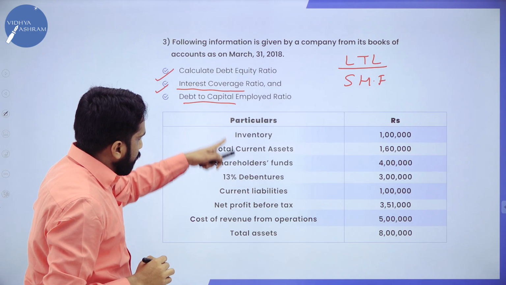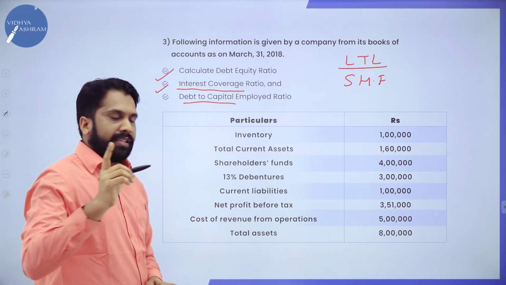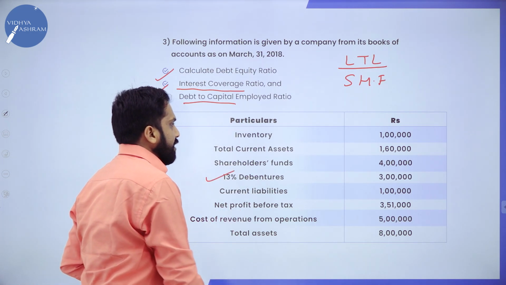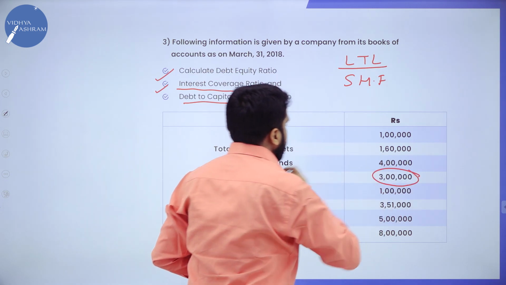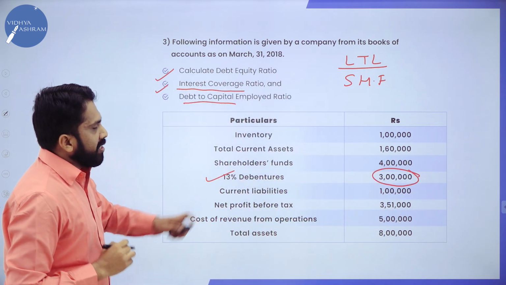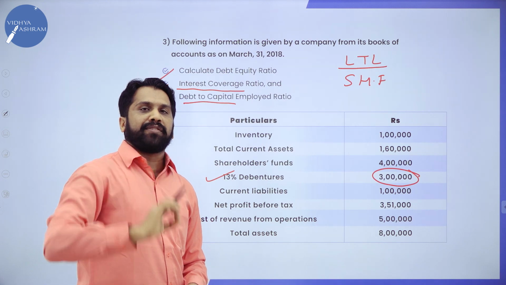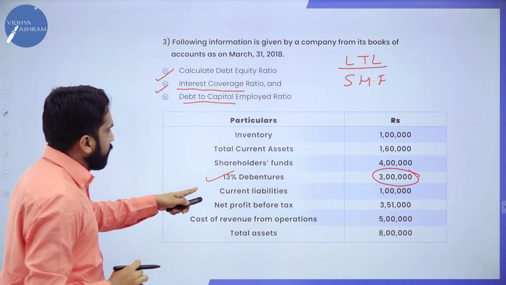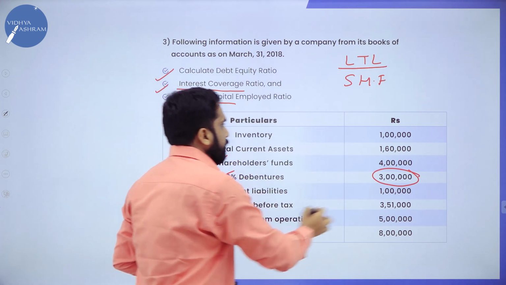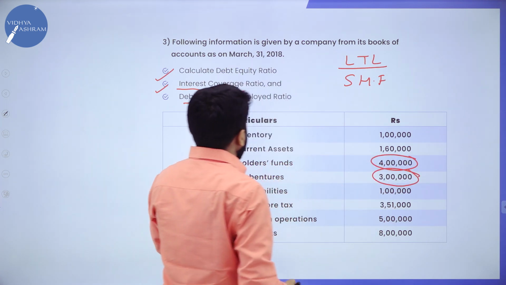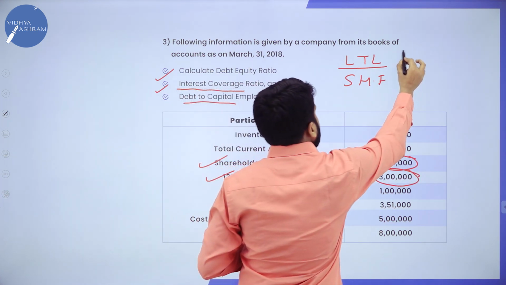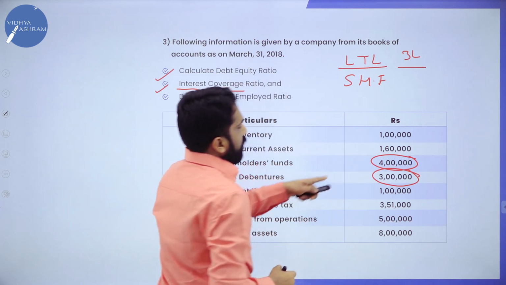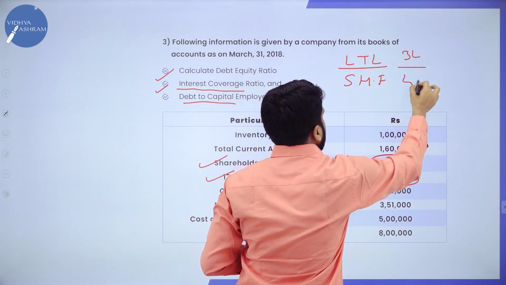In this, which is long-term loan? Yes, debenture is called long-term loan. Now, which is shareholders fund? Shareholders fund they have given directly, it is 4 lakh. Your long-term loan is 3 lakh and shareholders fund is 4 lakh.